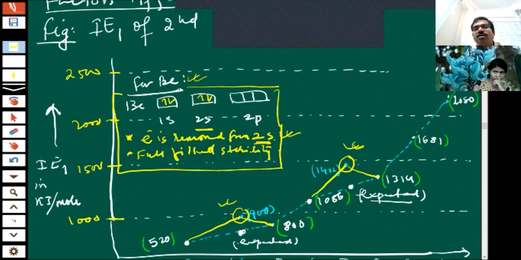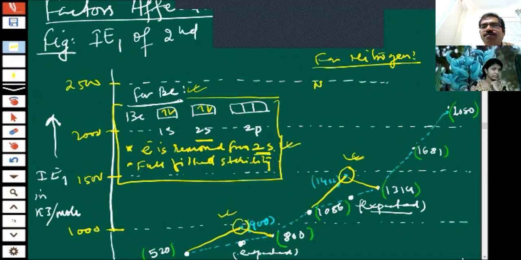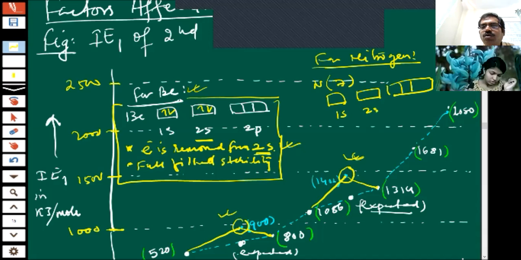It is a very important matter. We should know what had happened to nitrogen. So let us see again for nitrogen. Children, let us write the electronic configuration. Everything will come from electronic configuration only. What is the electronic configuration of nitrogen? 1s2, 2s2 and 2p3.